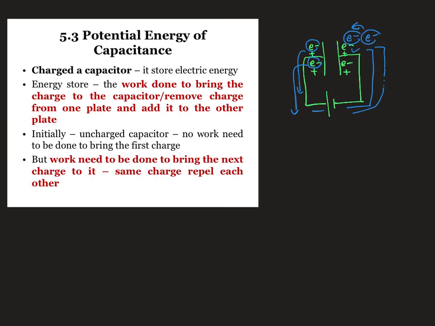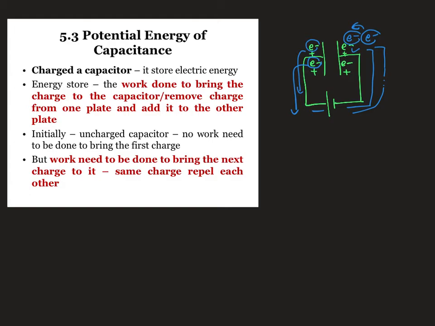That's the reason why the capacitor is not charged instantaneously: it's because of the repulsion effect from the electrons. So when you put the first charge, you don't have any work done, but when you put the second, third, fourth, and so on, you need work to be done.